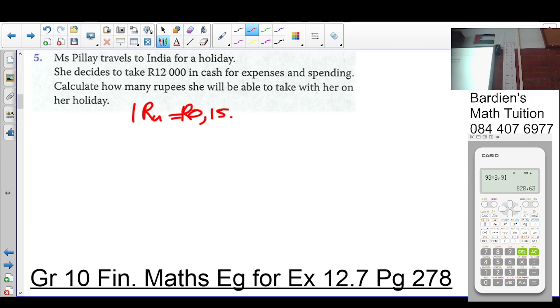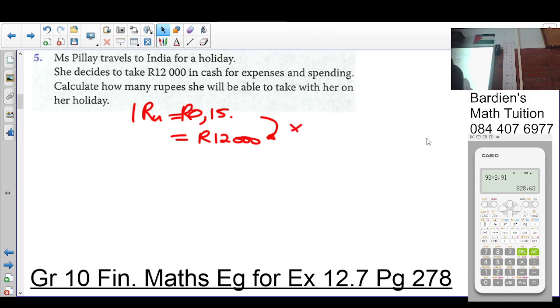So now you see, now we have rands that we must convert to rupees. So what we do is, it goes under the rands. So we ask ourselves, how do we get from 0,15 to 12,000? I must be multiplying it by something, not so.